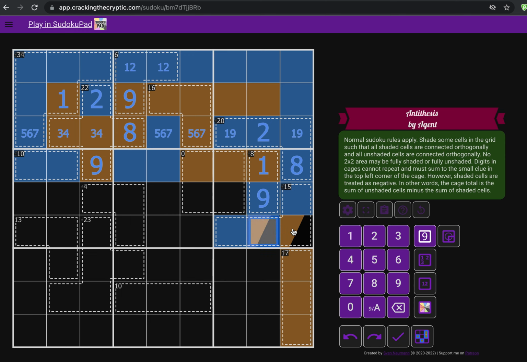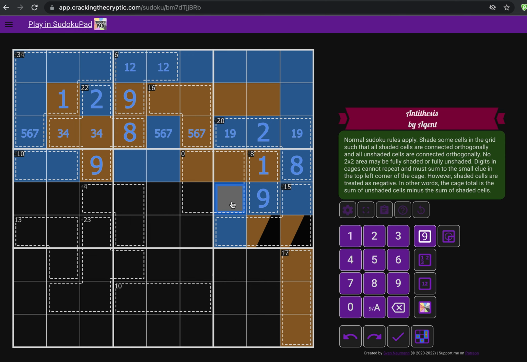Do we know which of these is the hot one though? Can we infer that somehow? Well, what about that square there? If we could show that was cold, then that would have to be hot.